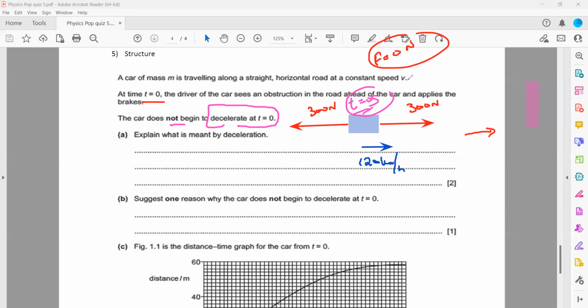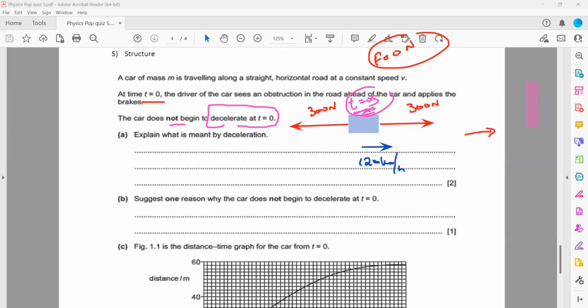What is the reason why the car does not decelerate? It is the reaction time. Say when you see a signal turn red, you have to apply the brake. But when you think that you have to apply the brake, you will take time to react to that. So the moment the driver sees an obstruction, he will take time to react.